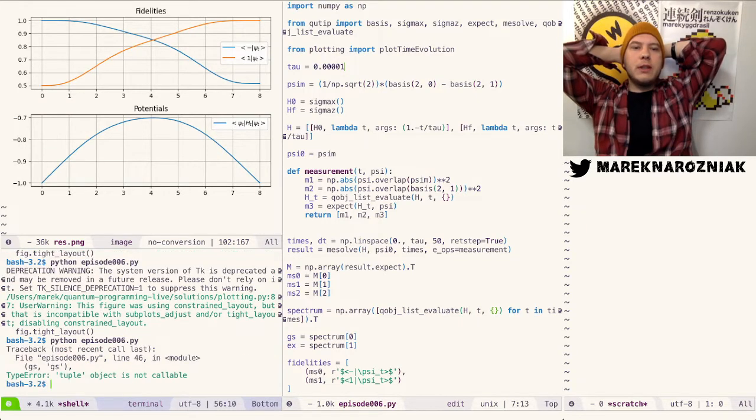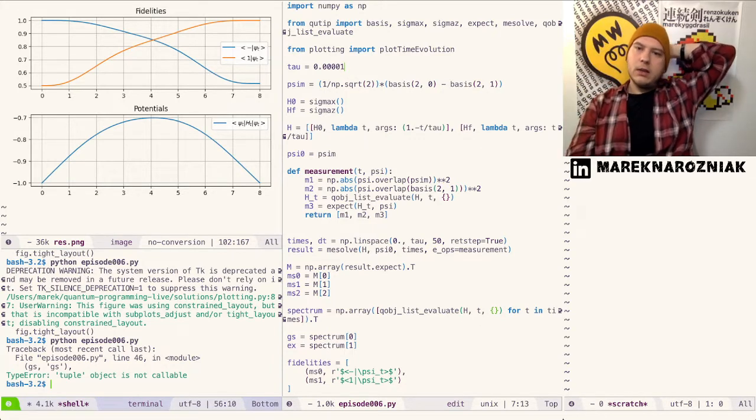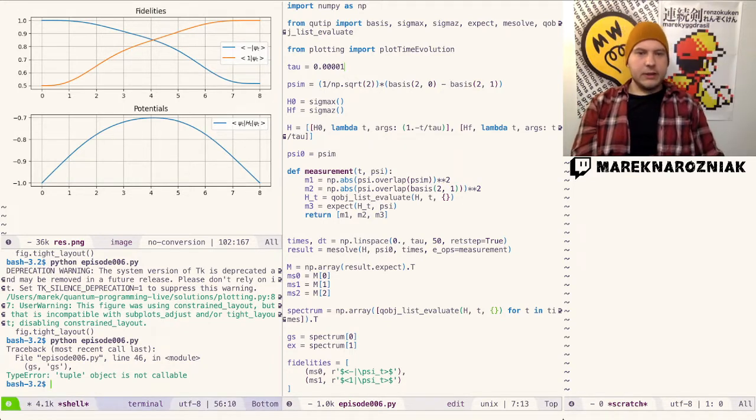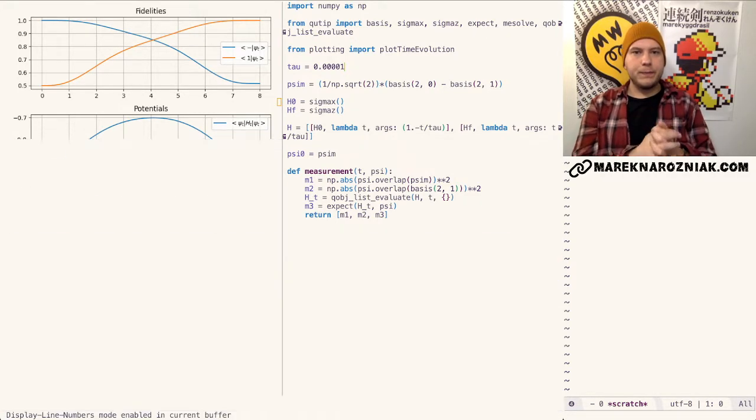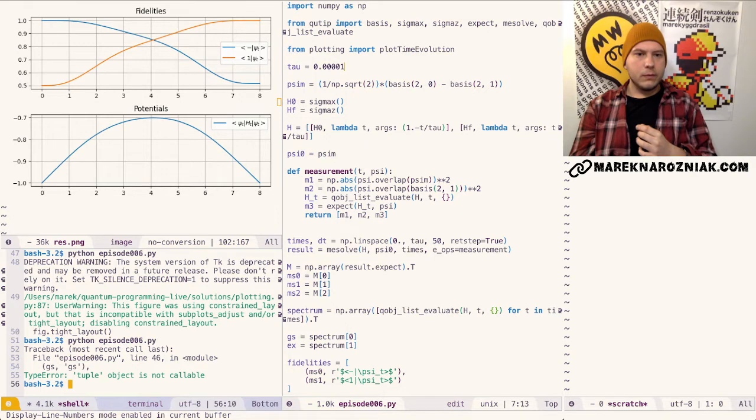Tuple object is not callable. That's sad. It looks like we are facing a debugging exercise here. Which line is it? 46. Let's display some lines. What?